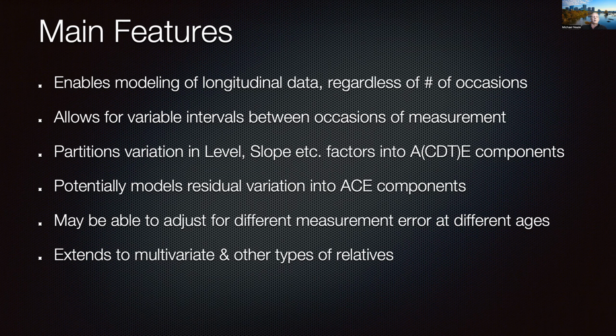That's one parameter. And then you've got parameters for variance of level, variance of slope, and variance of quadratic, and the same kind of thing for the means of those. And you also have to allow for covariances between those latent growth factors. But beyond that, there isn't anything that means that the number of parameters is going to increase with the number of occasions of measurement.